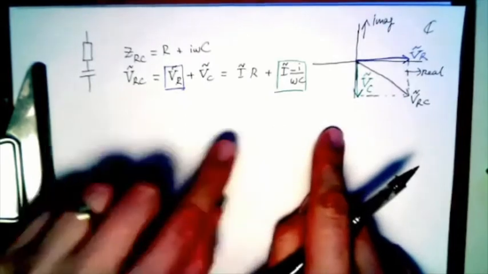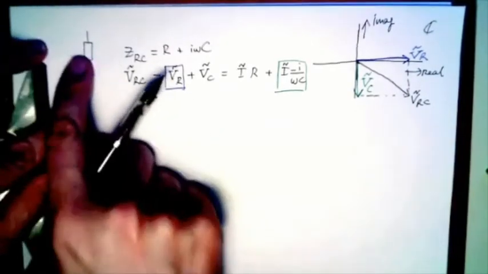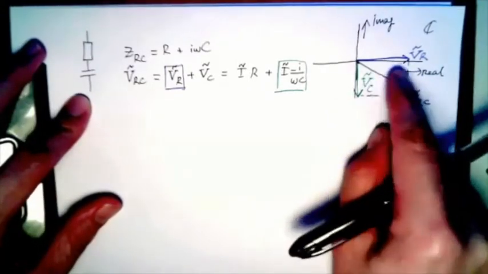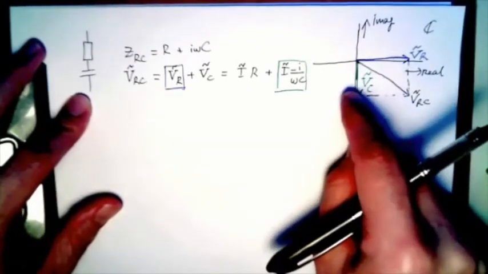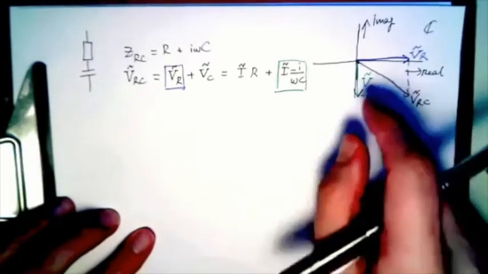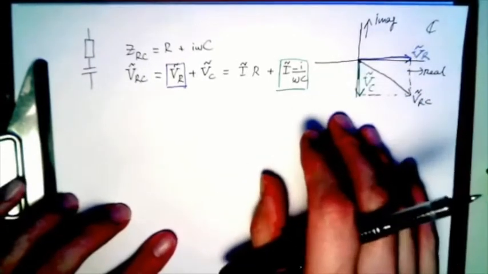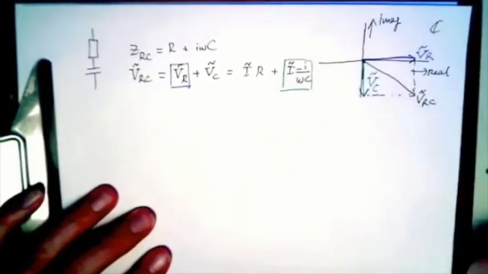Now, if they're like this, and we measure the voltage across the capacitor and across the resistor, that is not going to change the relation between VR and VC. So VC is lagging behind the current, right? Because it's behind the current phasor. And this is the graphic way of looking at the same thing.